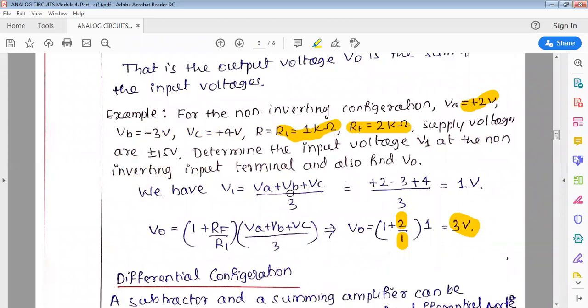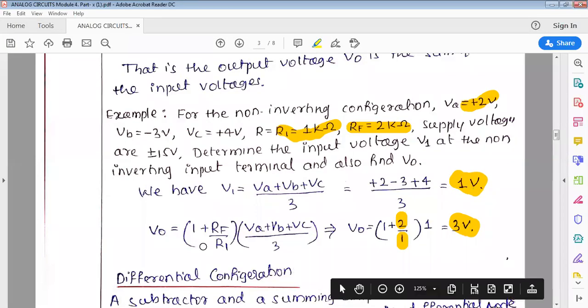We were given 3 power supplies, VA, VB and VC, and we calculated V1, that is VA plus VB plus VC divided by 3, and also V0, which is nothing but gain into the voltage that is available at the non-inverting input.